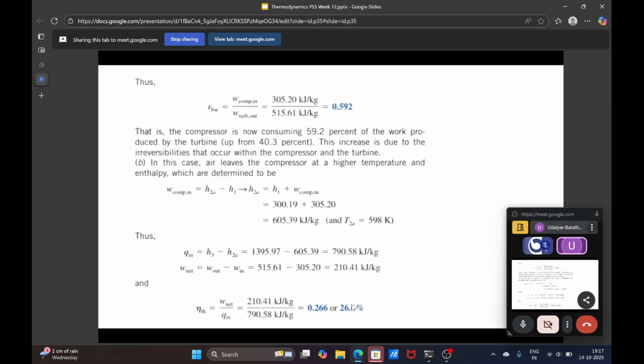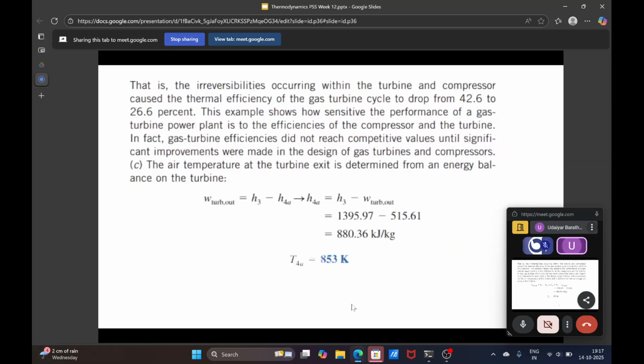So this is the actual cycle efficiency, and this is because of the irreversibility, which is defined by the isentropic efficiency of the turbine and the compressor. And then what we need to find out is the actual temperature out of the turbine.